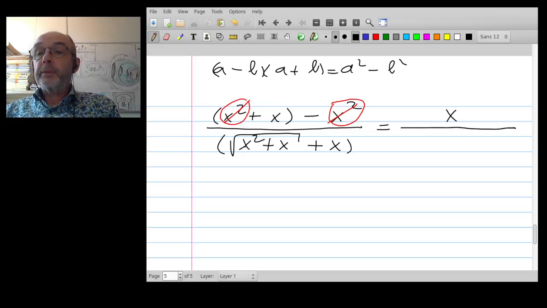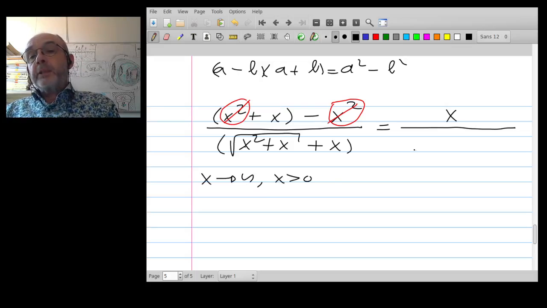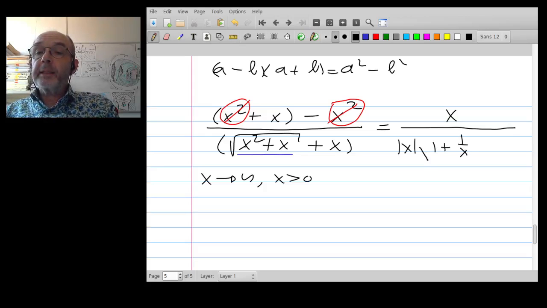And then below, now your x goes to infinity, so your x is positive, and that means that if you look at what is staying behind the square root, you can take an x outside the brackets and you get the absolute value of x times the square root of 1 plus 1 divided by x, plus x.